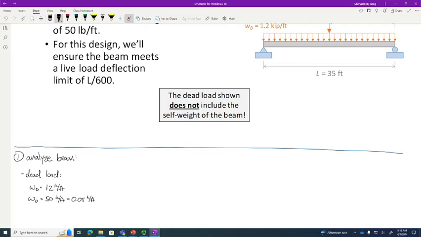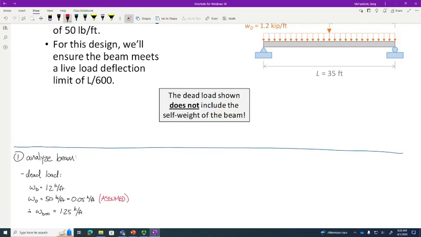So therefore, the total self-weight here is that. Now, here's something I'm going to do. I'm going to put a big old "assumed" right here. And I'm going to jump back to that assumed note a little bit later to see whether or not this assumption is valid or we need to correct it.